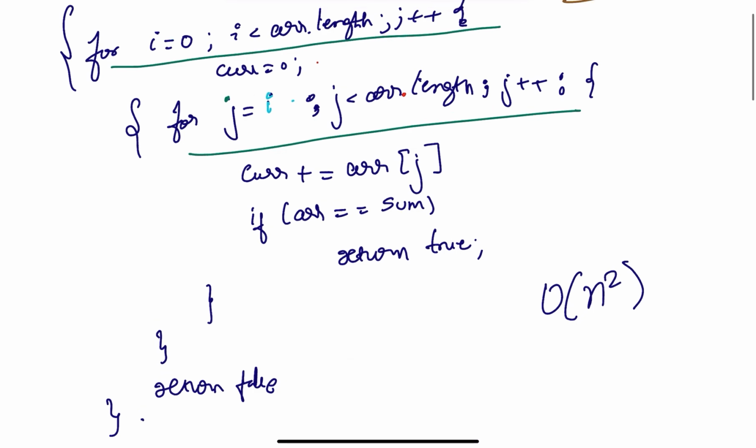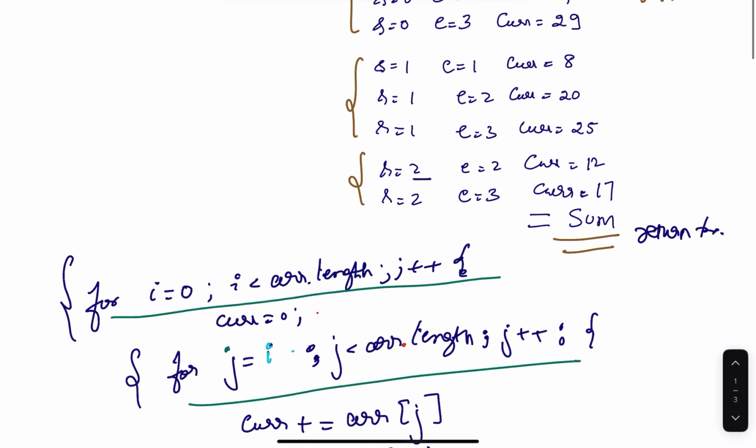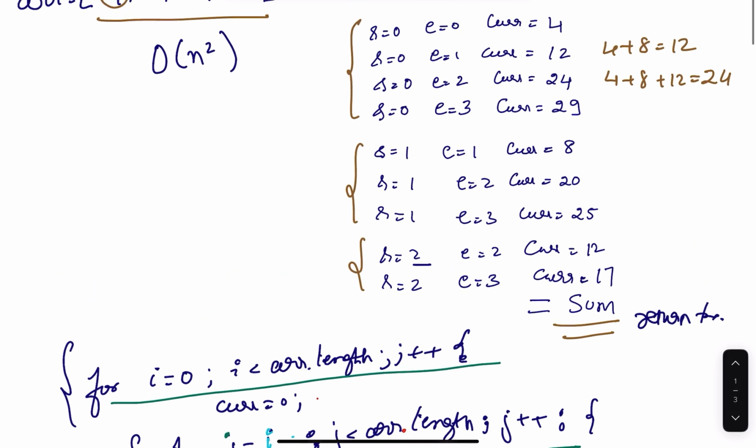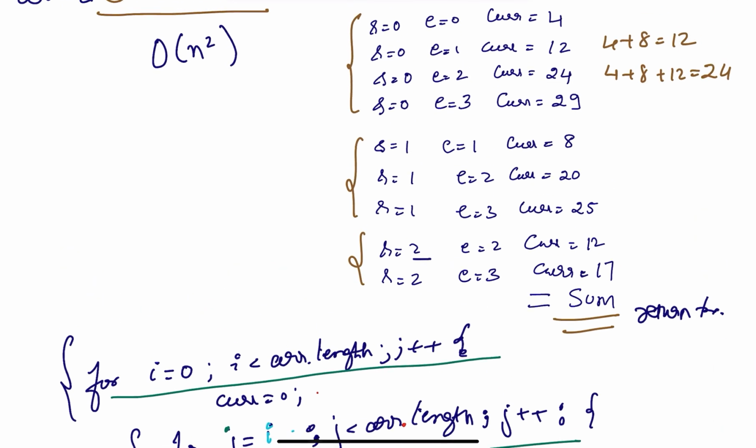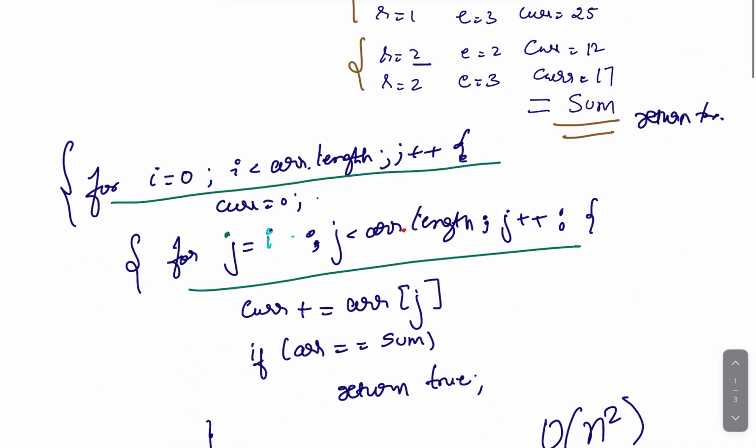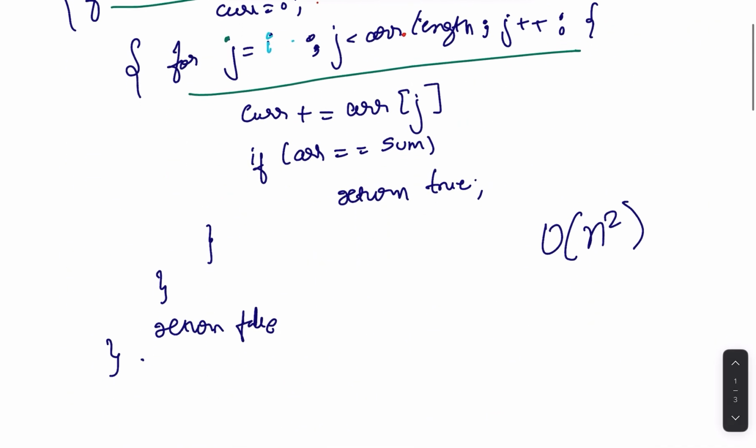At first current will be 0. In the first iteration it's going to be 4, and in the second it's going to be 4 plus 8, 12, and similarly after that. Then we check whether this current is equivalent to sum, and in that case we return true, telling that the number is present.